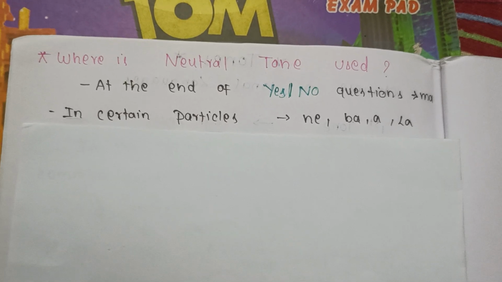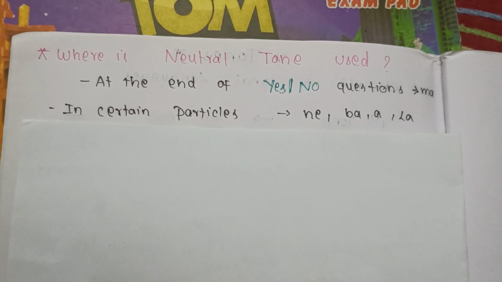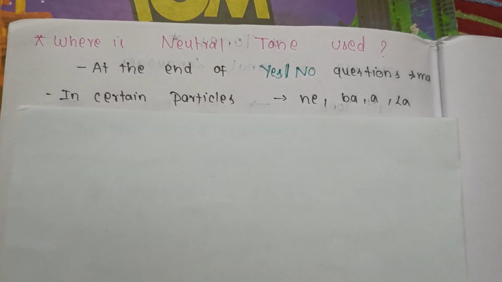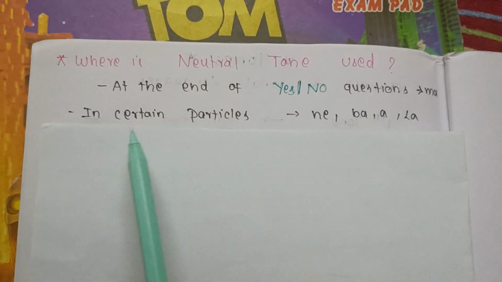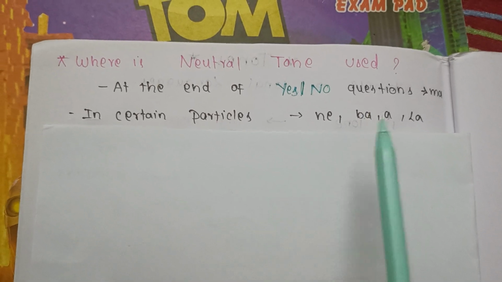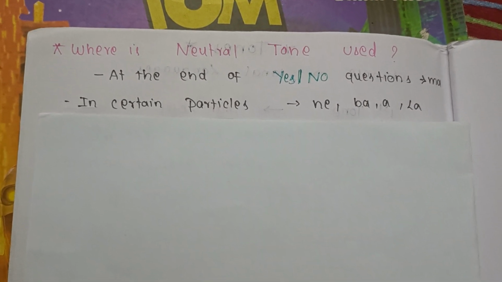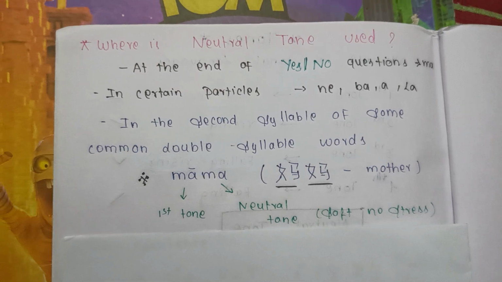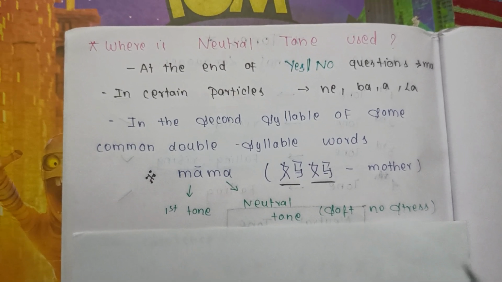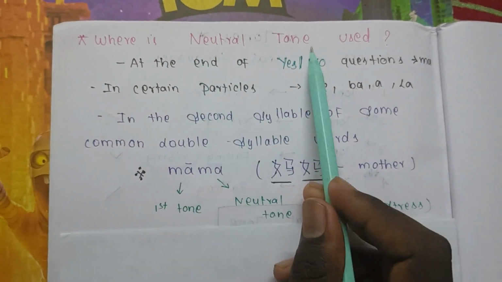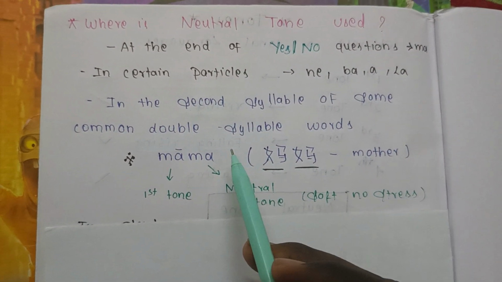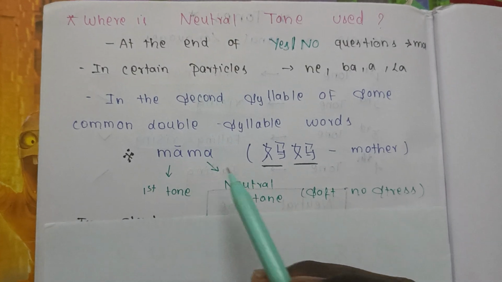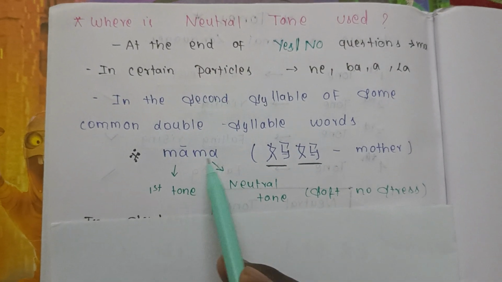Before, I said where the neutral tone is used: at the end, if you're asking a yes or no question, or with certain particles like ne, ba, la. Now we can see examples. Often this tone is pronounced on the second syllable, like in mama.